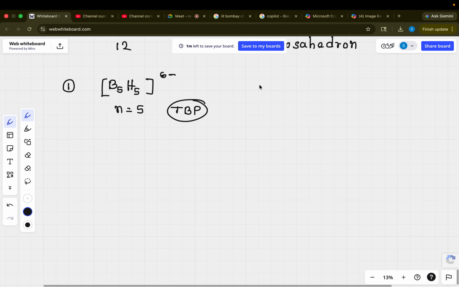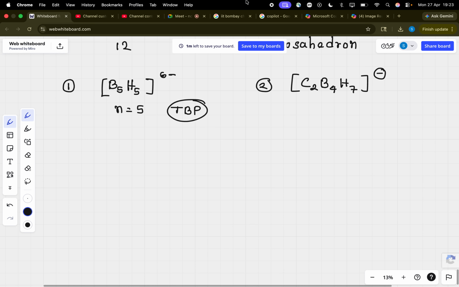Okay, now suppose you have number 2, you have this C2B4H7 minus. Find out the shape you are getting here. C2B4H7 minus.